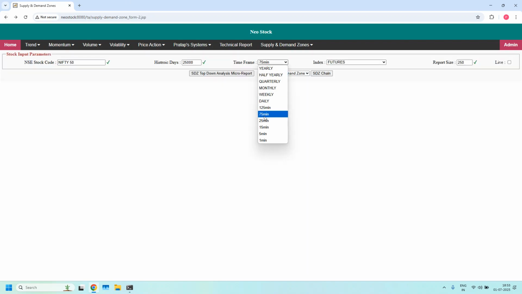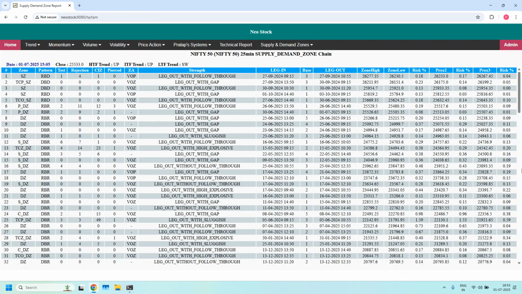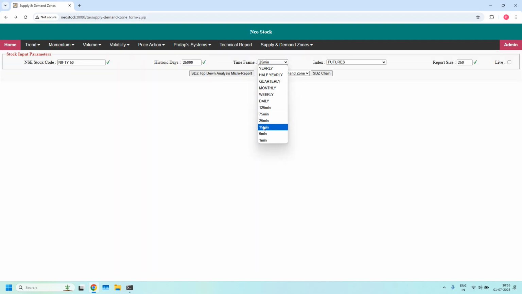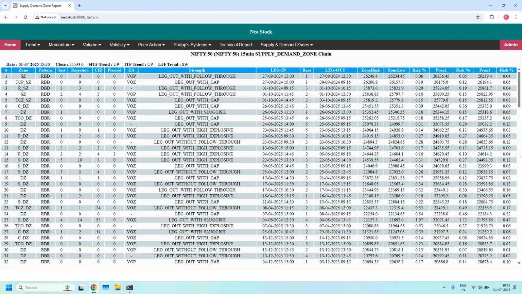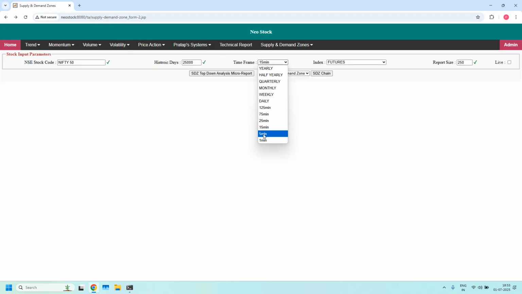Next, generating 25-minute supply demand zone chain for NIFTY. Next, generating 15-minute supply demand zone chain for NIFTY. Next, generating 5-minute supply demand zone chain for NIFTY.